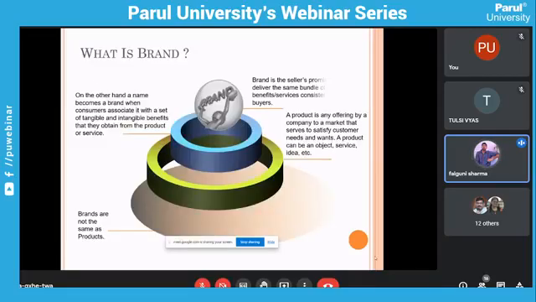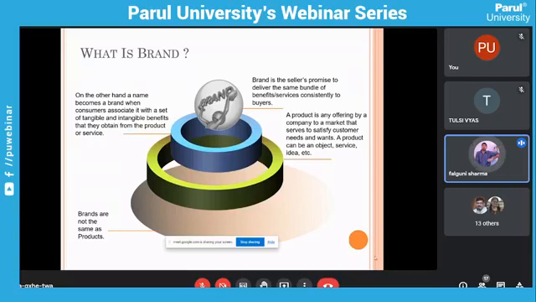So here you can see what a brand is: a seller's promise to deliver the same bundle of benefits and services consistently to the buyer. It is something we purchase and look for, and we create some perceived value about it: why we need it, why it is actually required. So it creates a perception.